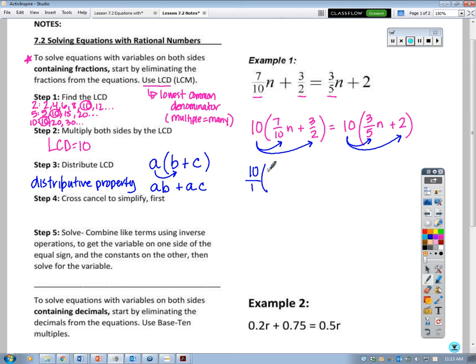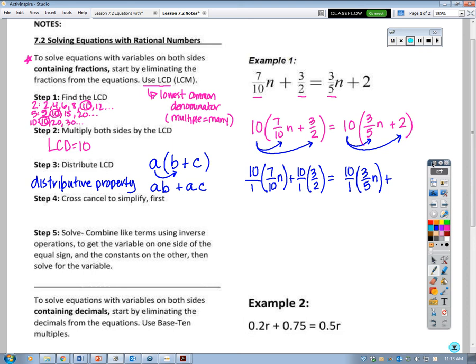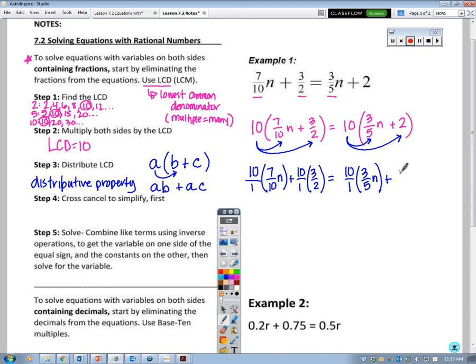So I've got 10 over 1 multiplied by 7/10 n, plus 10 over 1 multiplied by 3 over 2, equals the other side, 10 over 1 times 3/5 n, plus 10 over 1 multiplied by 2. And 2 is a whole number also, so I don't actually need this here. I can erase this and just write 10 times 2 because they're both whole numbers.